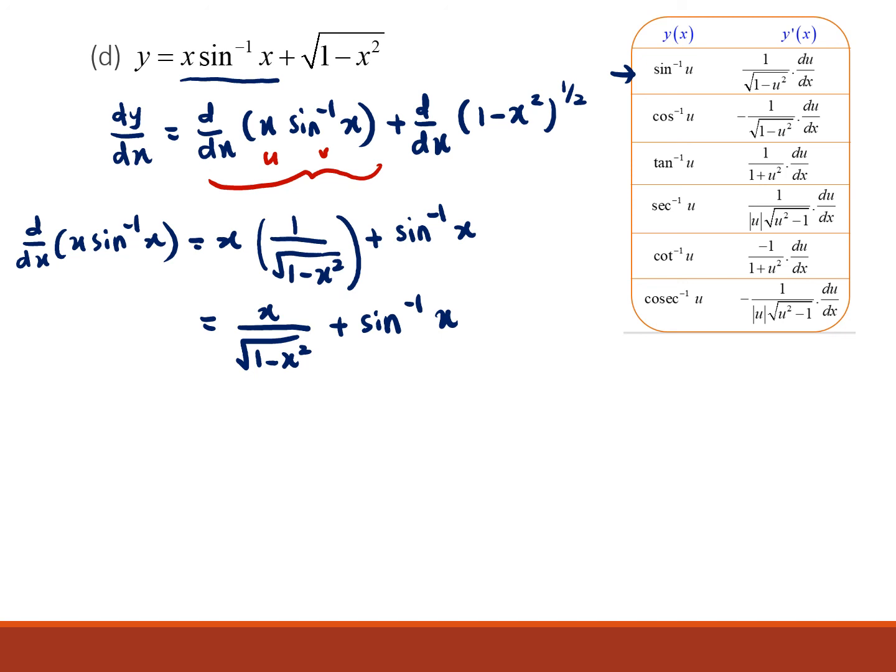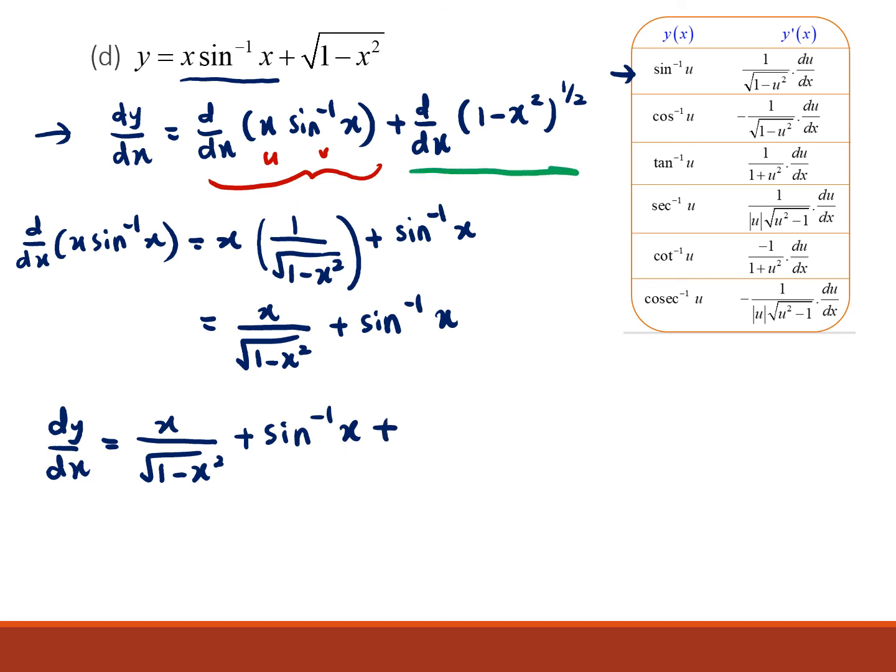So we just rewrite this into dy over dx. So here it will be x over the square root of 1 minus x squared plus arcsine of x. Now we solve the second term here. Okay, so to find the derivative of this, it will be 1 over 2 times (1 minus x squared) to the power of negative half.